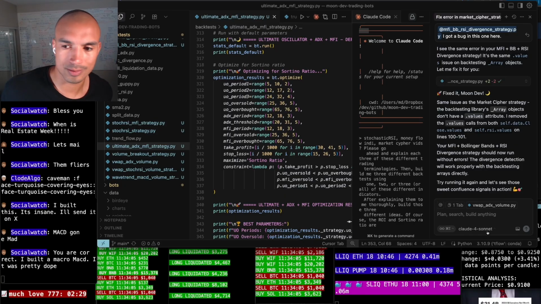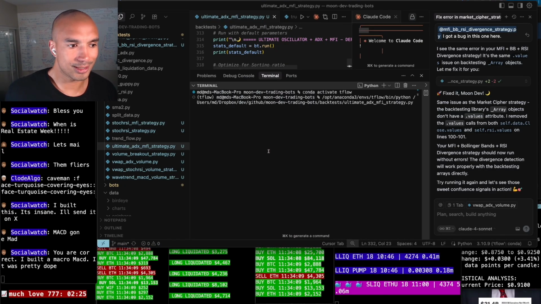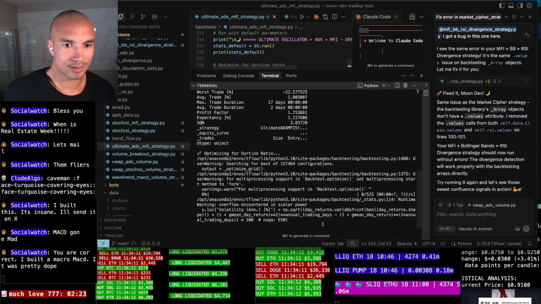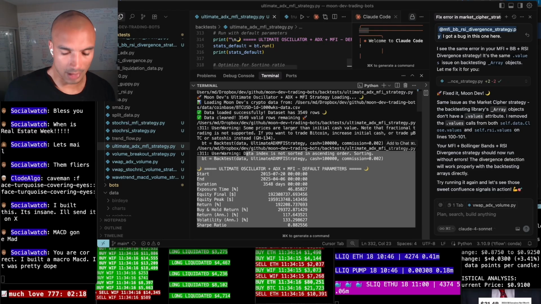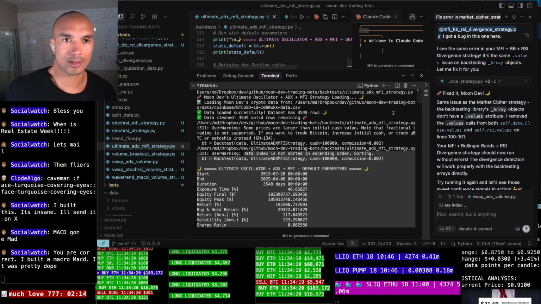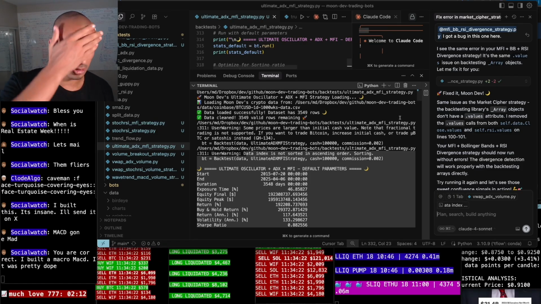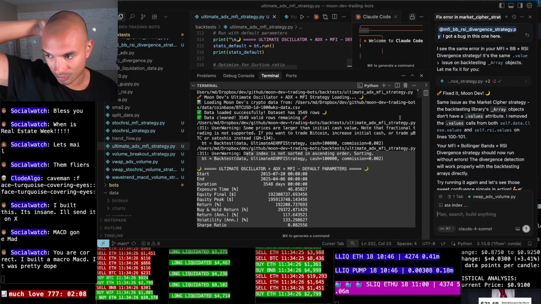Okay, dude. Holy helly. I put it in the Notion already, right? You can see this one does pretty well, but the optimizations are just way too many. So we need to cut those way down so we can actually optimize them.